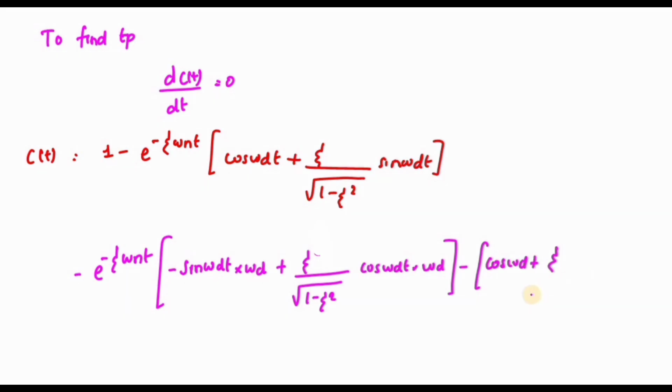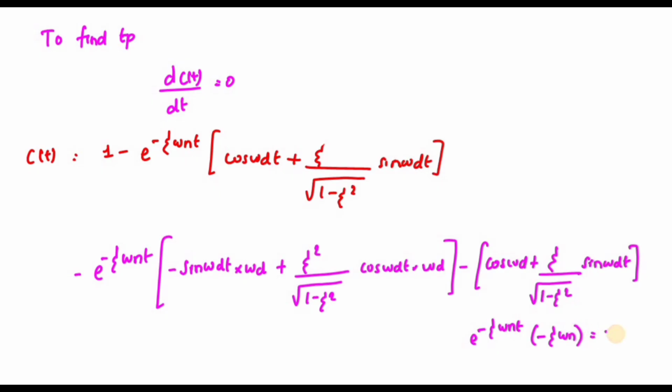Now I can write minus cos omega d t plus damping factor divided by root of 1 minus damping factor square sin omega d t, and if I differentiate e power minus damping factor omega n t, I'll get minus of damping factor into omega n, that is equal to 0.